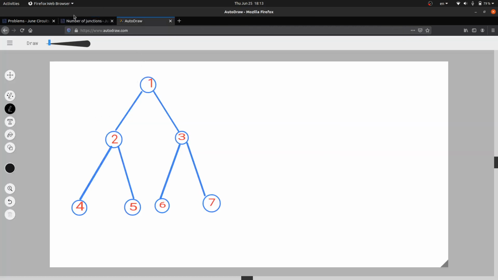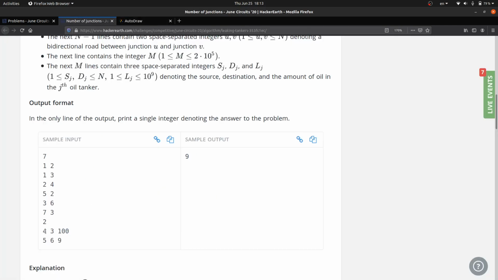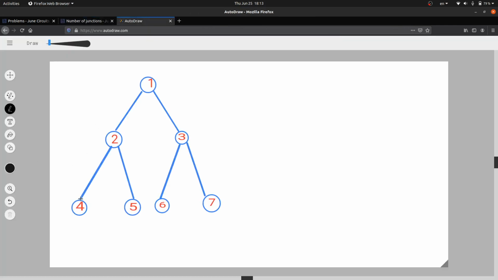Okay, so that's why we will get TLE. Suppose this is 4 to 3, so you started from 4, you started doing your DFS and you ended with this, but because you are doing the DFS, you will not only traverse this path, you can also traverse this path, and this can be a very long path, so we are doing unnecessary computation.